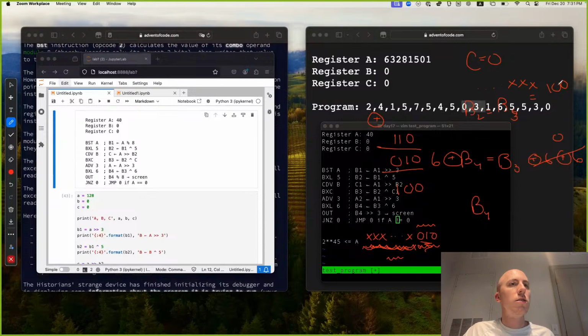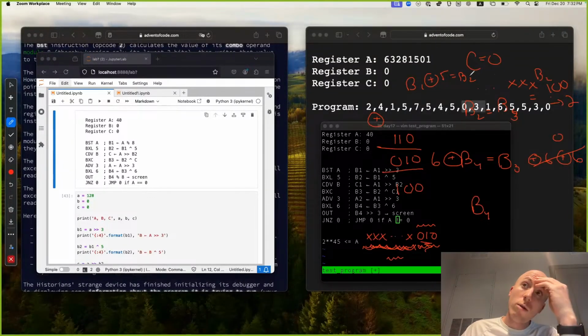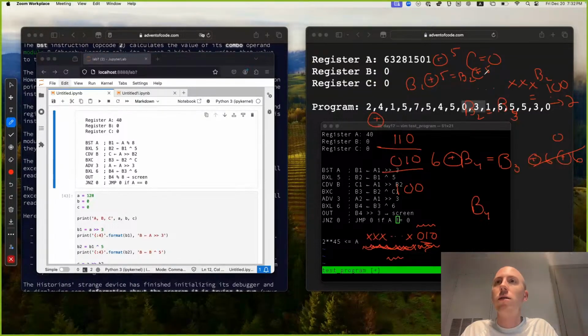So this is basically B3 right now. This is B2. And we have B2 is equal to B1 XORed with 5. So in order to output a 2, B2 needs to be this. B2 is equal to B1 XORed with 5. So the value for B1 that we need is B2 XORed with 5. So let's XOR 100 with 5.